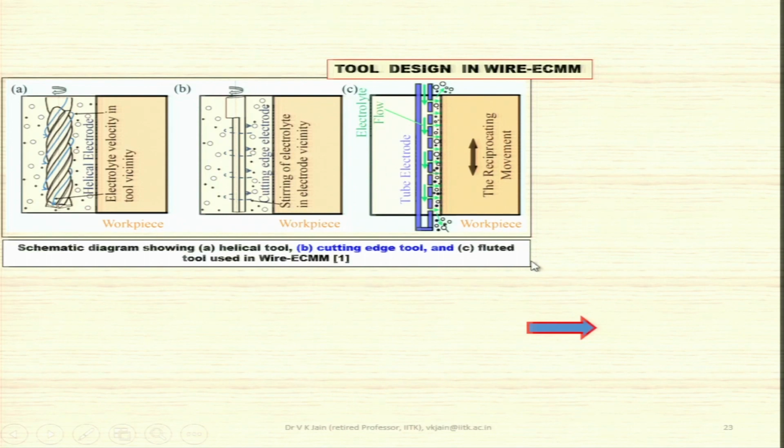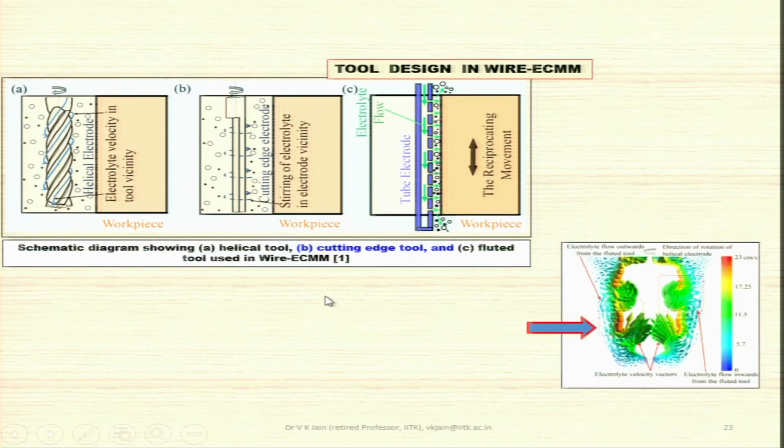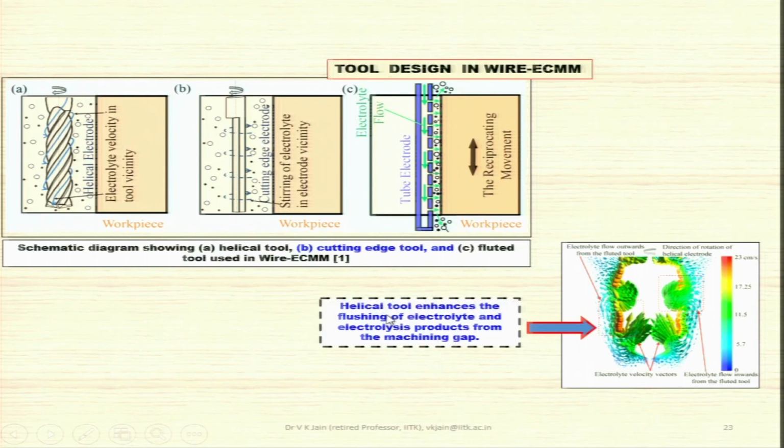And then you have the fluted tool used in wire ECMM. This is the fluted tool used in wire ECMM. This is the movement, etc. You can see here, this is the workpiece, this is the tube type tool, and this is the helical tool, which enhances the flushing of electrolyte and electrolysis products from the machining gap.